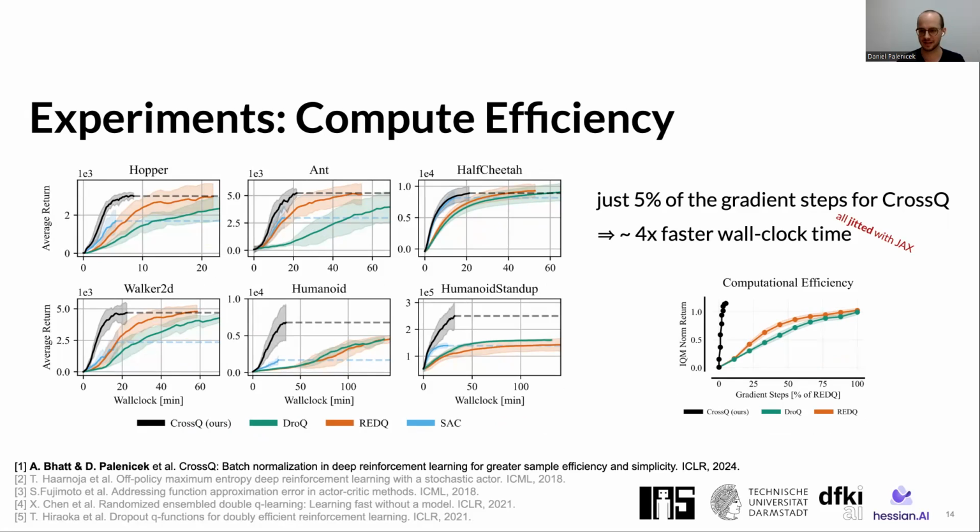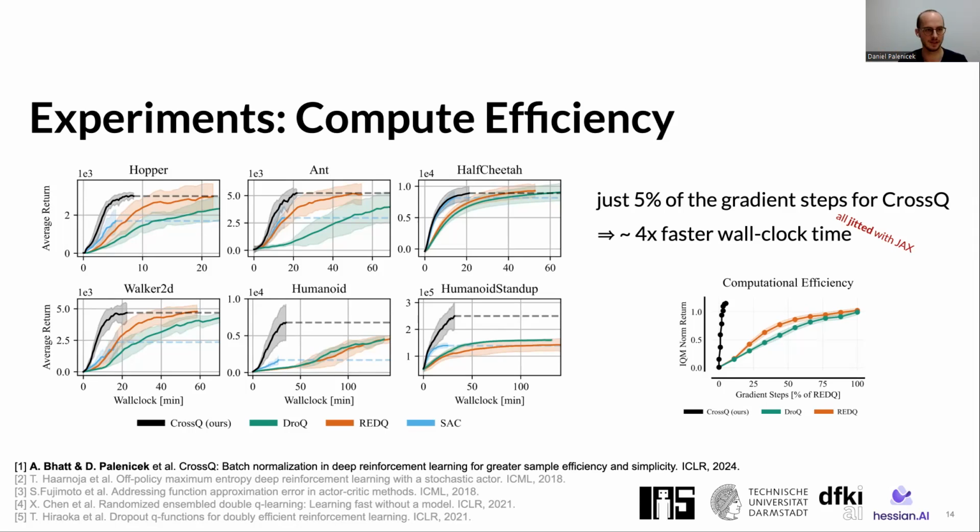And one side note is we're also actually being very nice to the baselines, as if we had taken the original REDQ implementation, they do all of the critic updates in a loop. So then we would probably have been 100 times faster, not just 4 times faster, because here we actually parallelize over all of the critic updates, so over the entire ensemble.